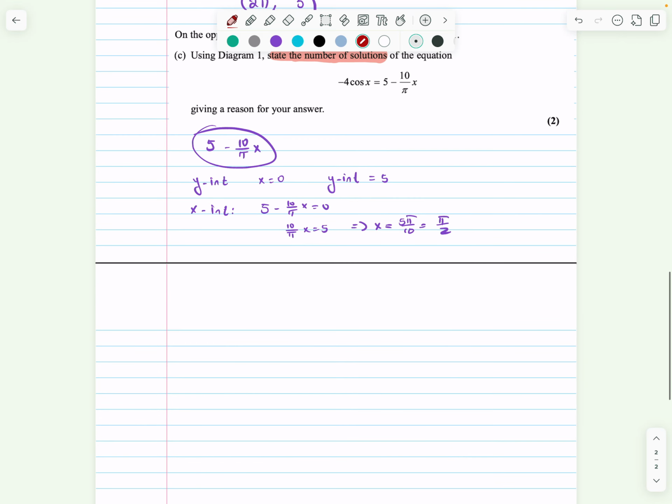That means there is only one solution, as the graph intersects once. Alright, so just a little bit of reason. If your graph is there, that's going to be okay. Alright, so that's it. We are done.